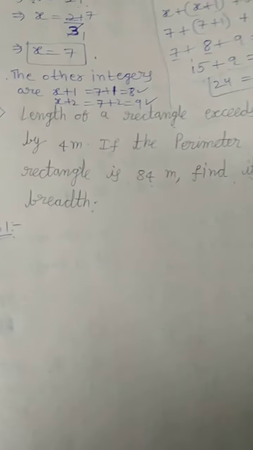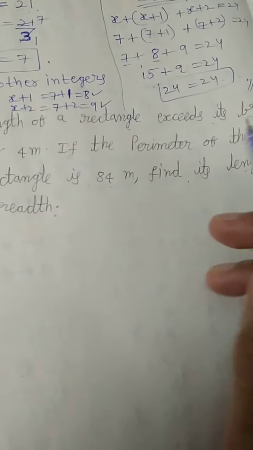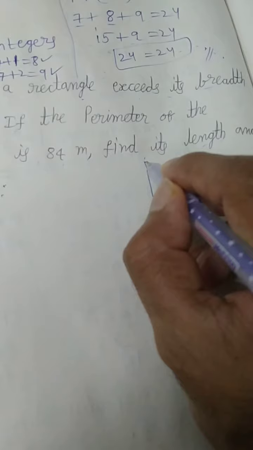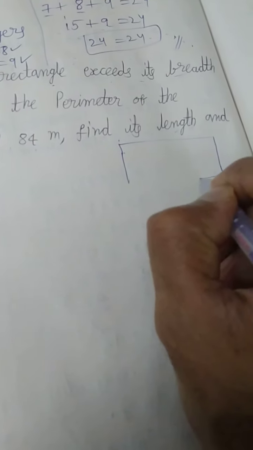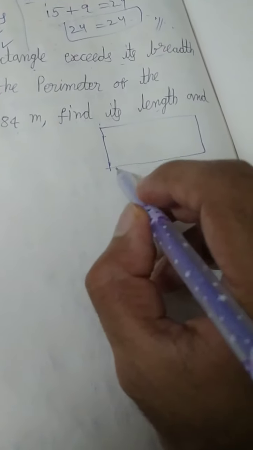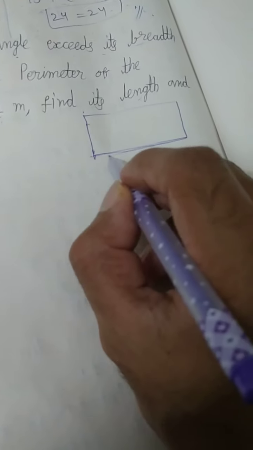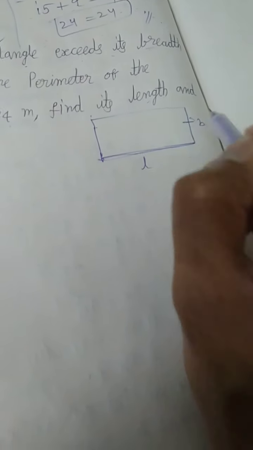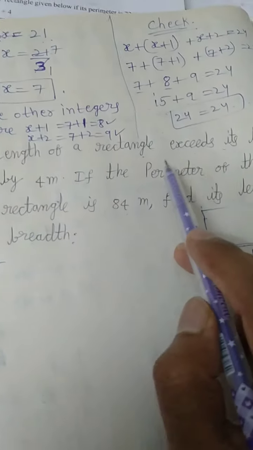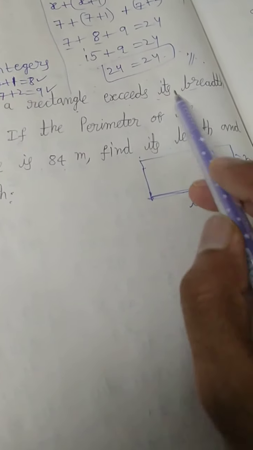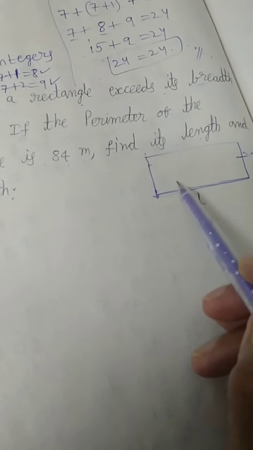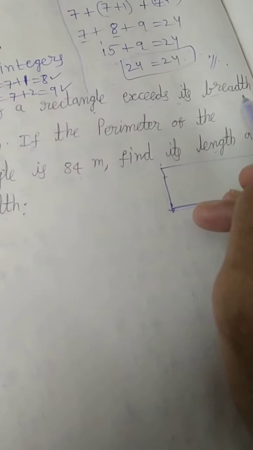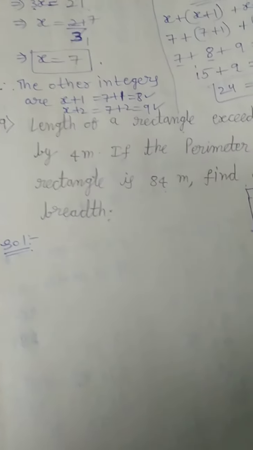He is asking, so here length of a rectangle. Generally you know how a rectangle will be. The rectangle will be like this. The longest side we call the length, and the shortest side we call the breadth. So the length of a rectangle exceeds its breadth, so the length is greater than its breadth by 4 meters.